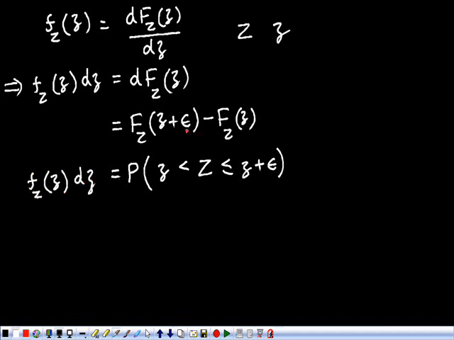But here we are letting the small difference be dz, so you can replace epsilon with dz. Therefore, f_Z(z) multiplied with dz can be written as this. That is, the probability of the random variable z lying between two different values can be written like this, and this is called the probability element.